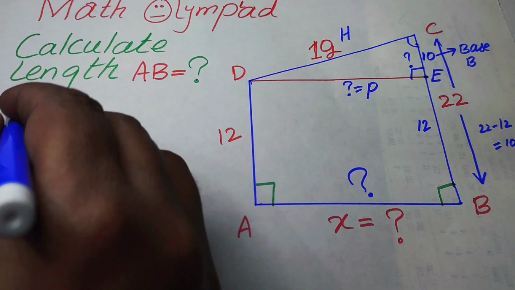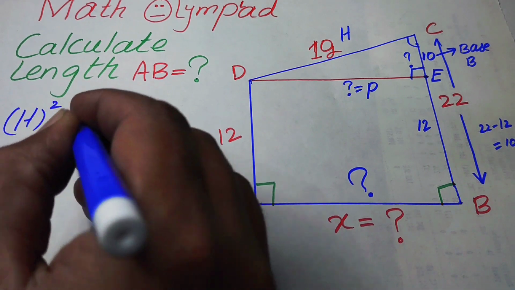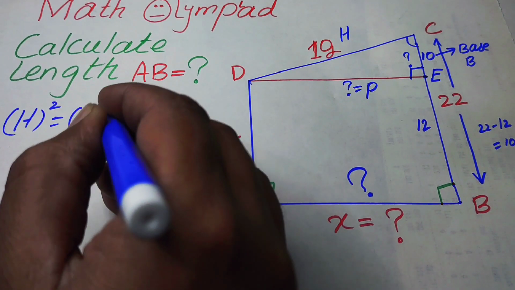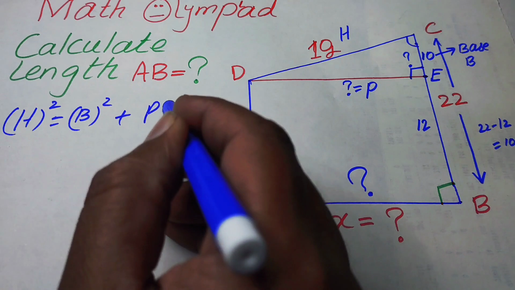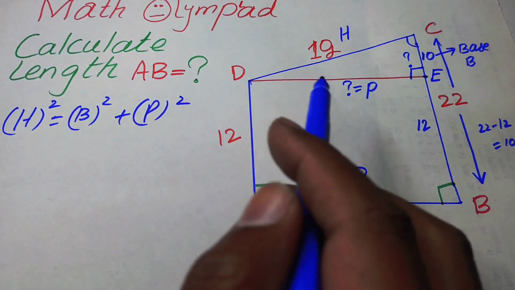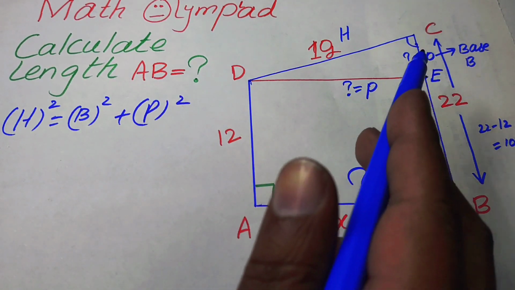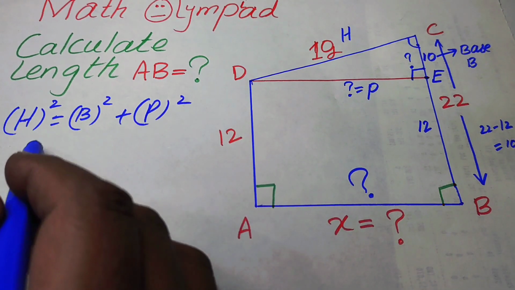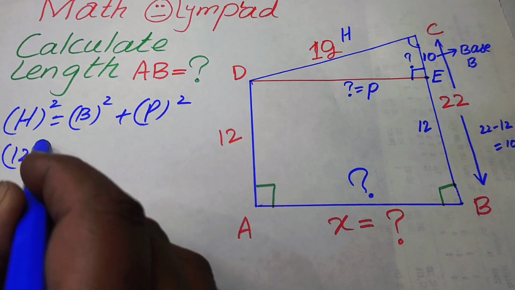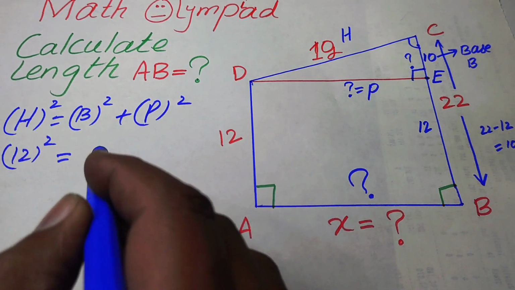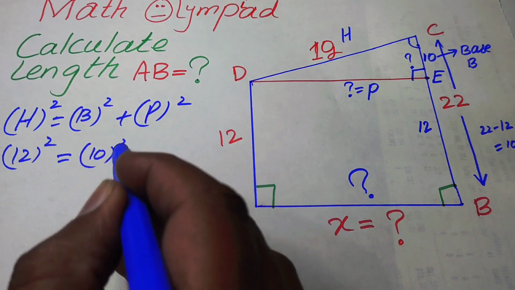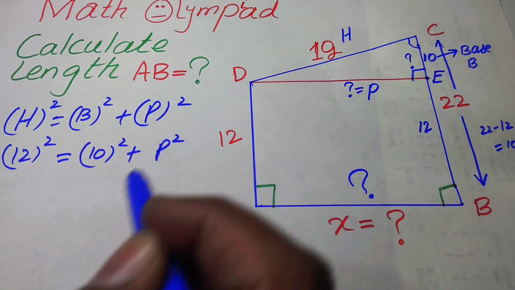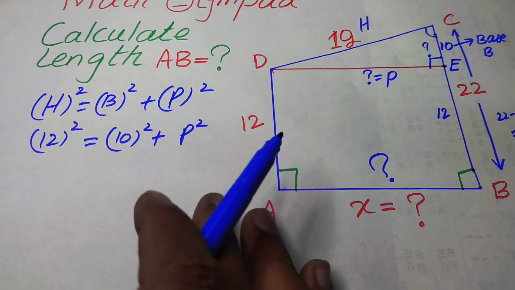In the Pythagoras theorem we know that hypotenuse square is equal to base square plus perpendicular square. In triangle CED, the value of the hypotenuse is 12 square, the value of the base is 10 square, and we will find the value of the perpendicular.